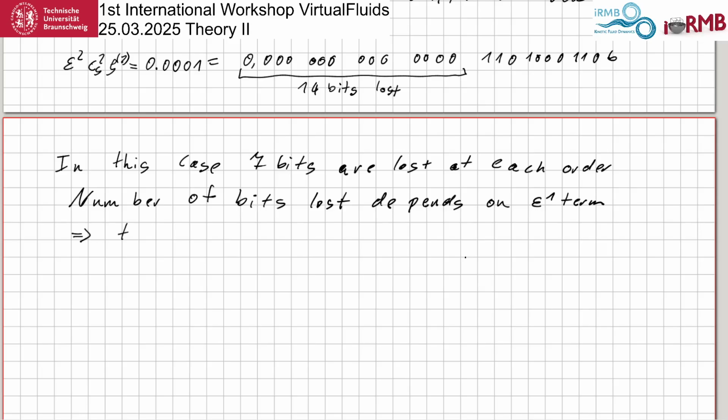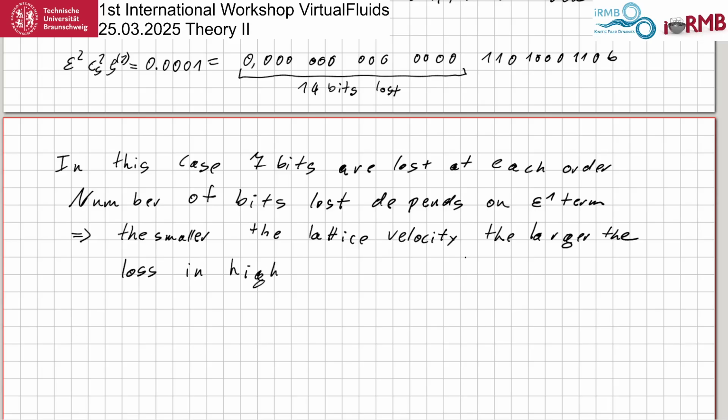So the thing is, the smaller the lattice velocity, which is equivalent to saying the smaller the time step we have, the larger the loss in higher moments, and for this I mean, for example, pressure.